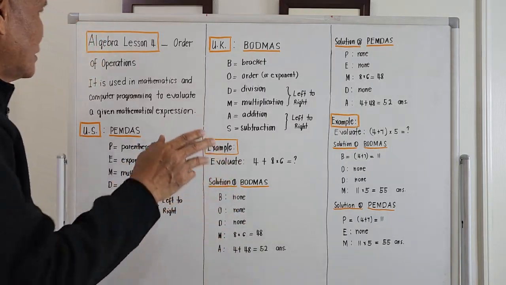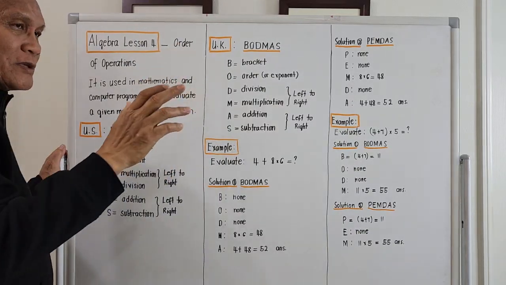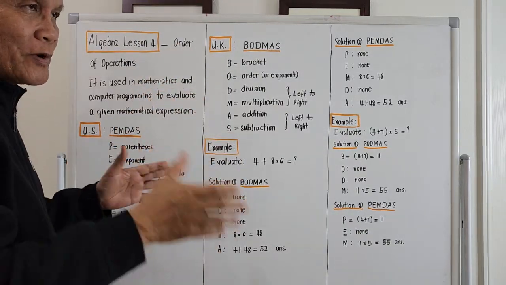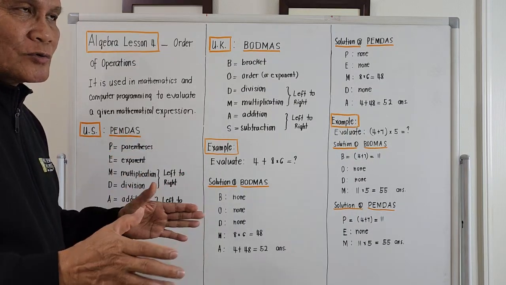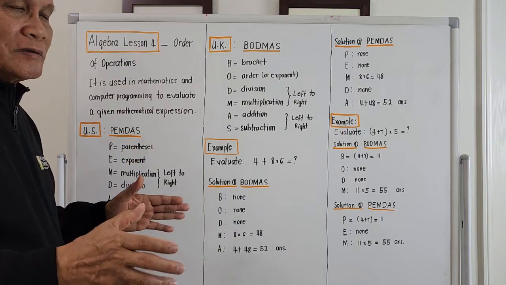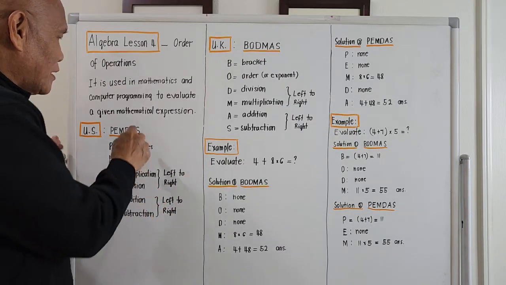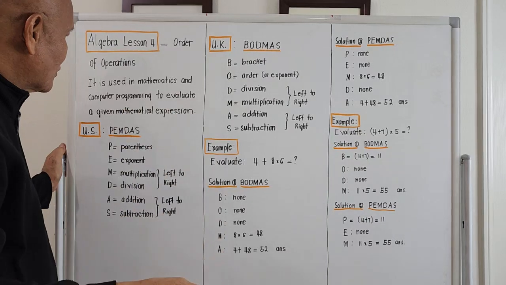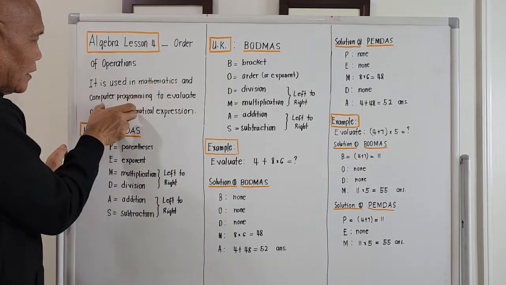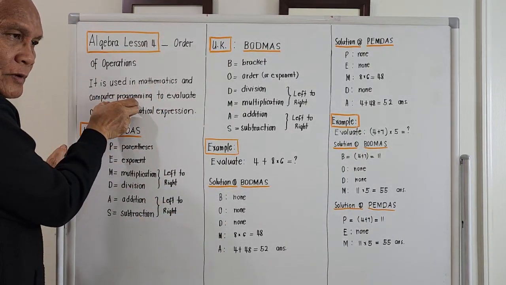By definition, the order of operations is the sequence of operations we are to follow in order to bring out the correct result for a given mathematical expression, and it is used in mathematics and computer engineering.